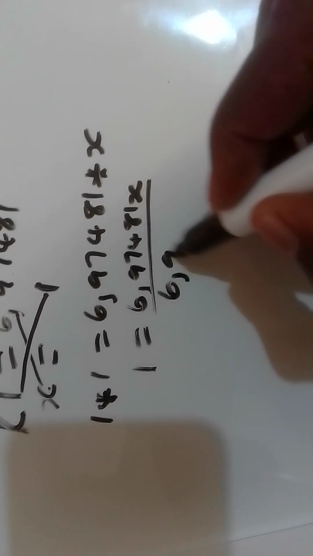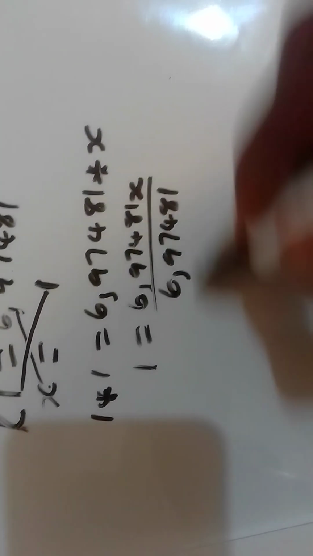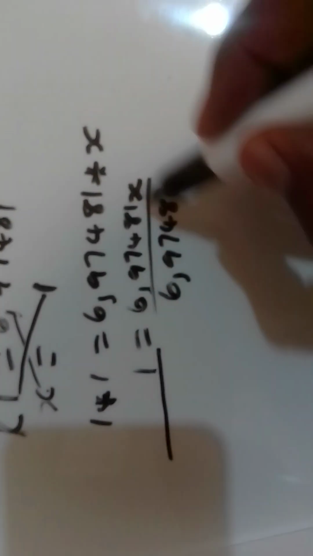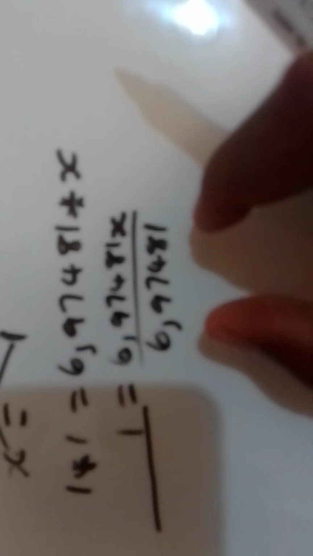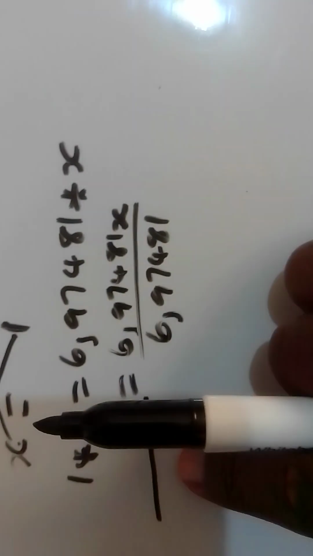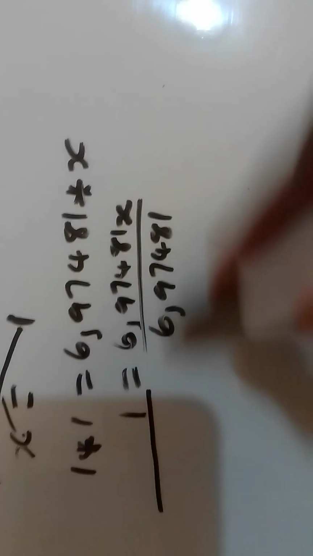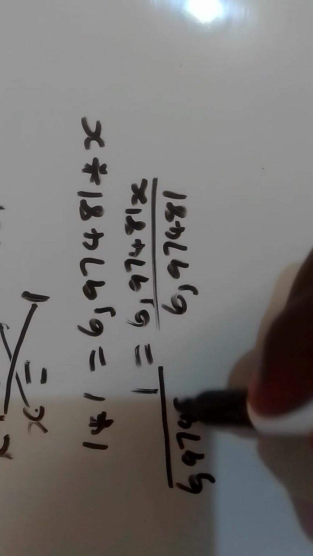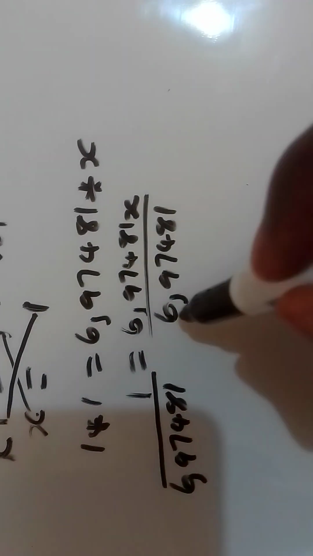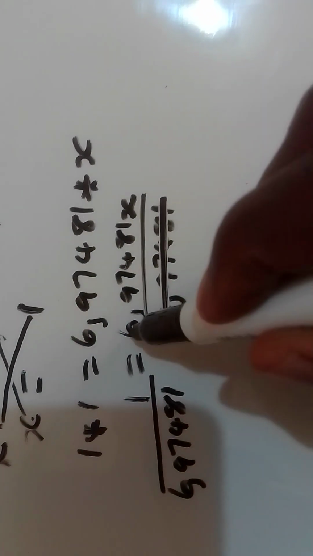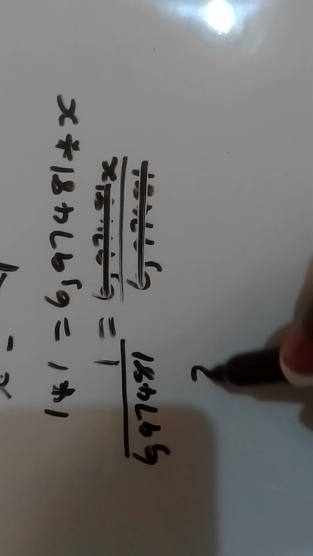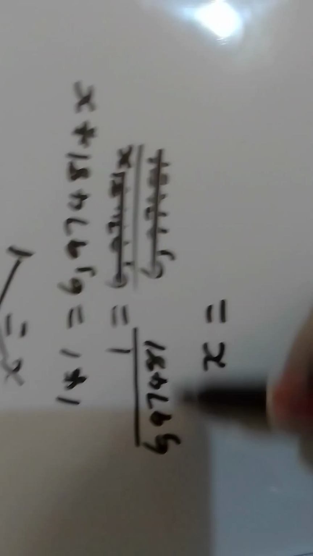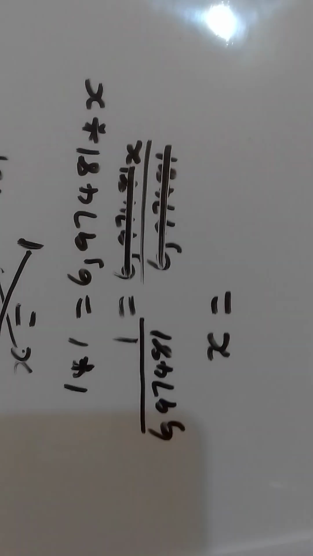We say 6.97481, and on this other side, because this is an equation, what we have done on the right hand side we must do on the left hand side. So we divided by this, we must also divide by that, 6.97481. Then we say x is equal to, now we are going to put this into a calculator.